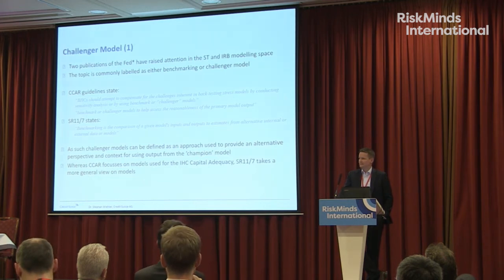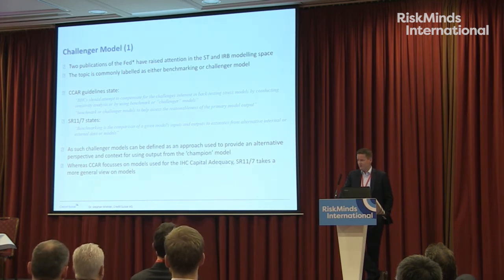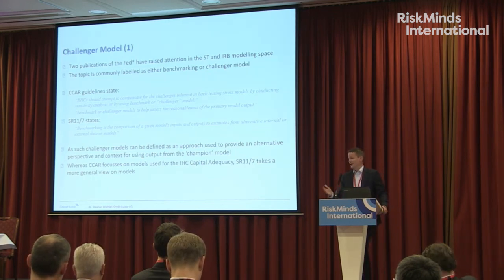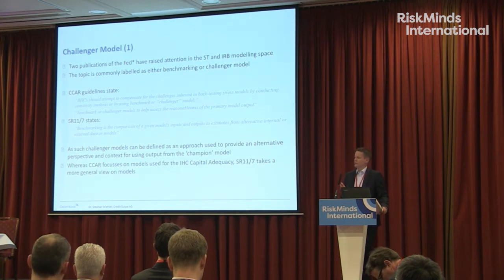And I think that's a really good thing. So you develop your champion model as you always did, but then you take a step back and you kind of challenge yourself on what you did. That could be done by the first line of defense, second line of defense. But somebody needs to step back, look at it, and try to find a completely different approach of modeling the same risk.